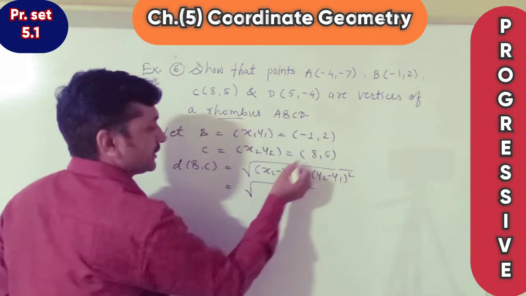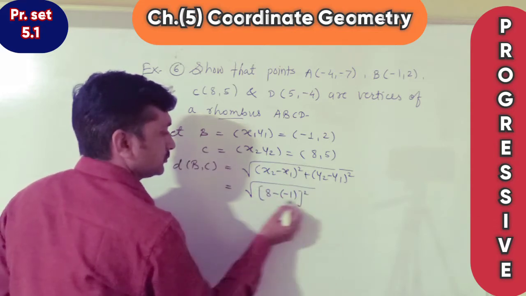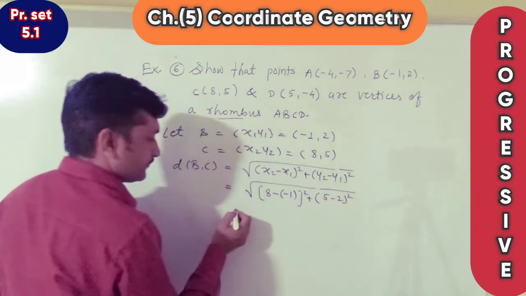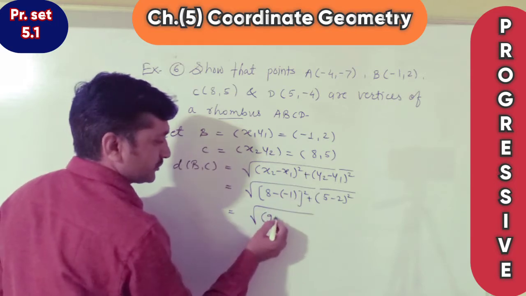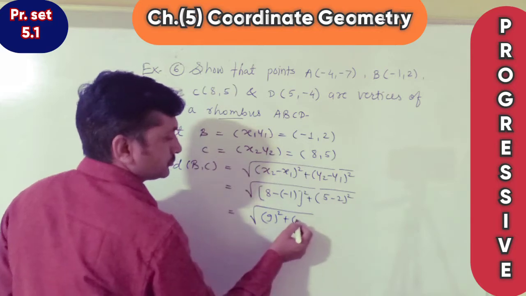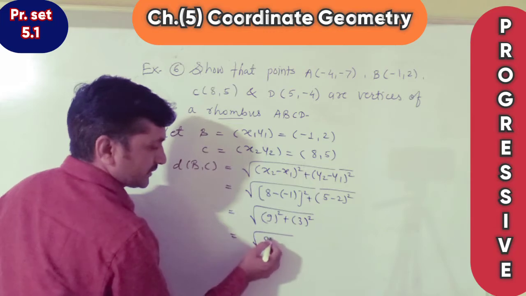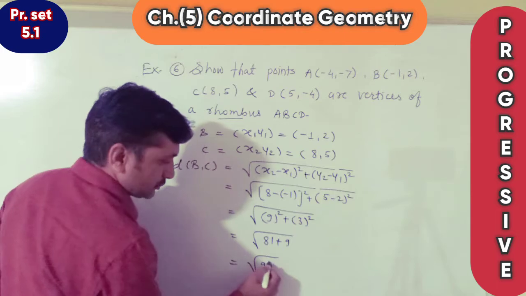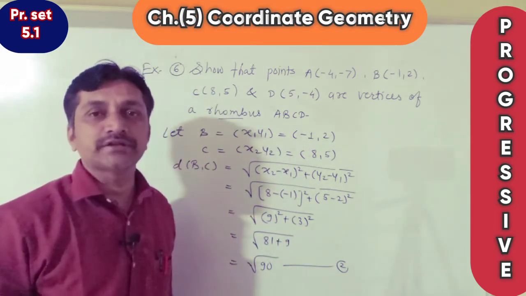Square root of (8 - (-1)) which is 9, bracket square, plus (5 - 2) which is 3, bracket square. 81 plus 9. Addition is 90. Number 2. Distance BC also we got square root of 90.